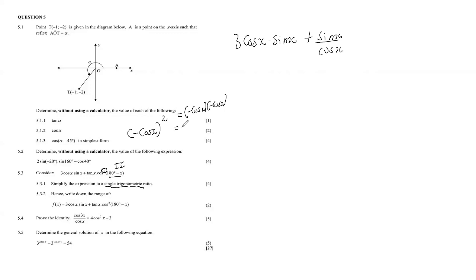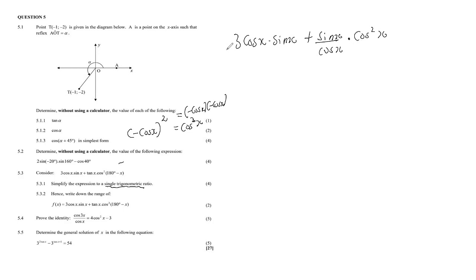So this ends up giving us positive cos squared x. So that's why every time, even if that particular trig ratio is negative in that particular quadrant, it always comes out as a positive as a result of this square here. So always note that. So when we come in here, we're just going to write it as positive cos squared x, because we know it's negative cos x squared, right?